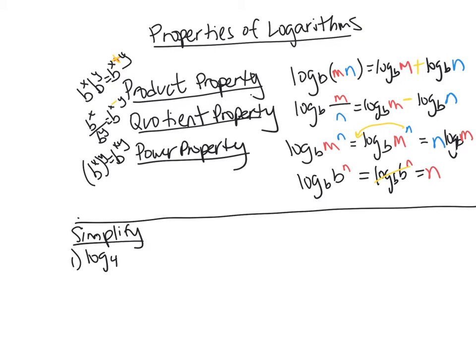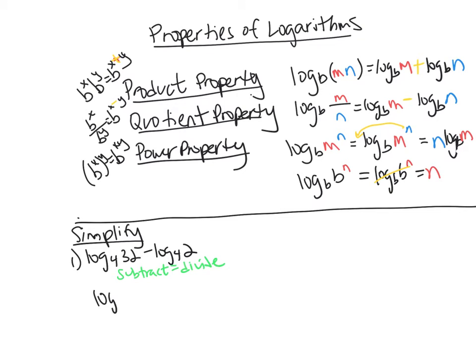So if we have log base 4 of 32 minus log base 4 of 2. Well, here, if we have subtraction, subtract means divide in regards to log properties.